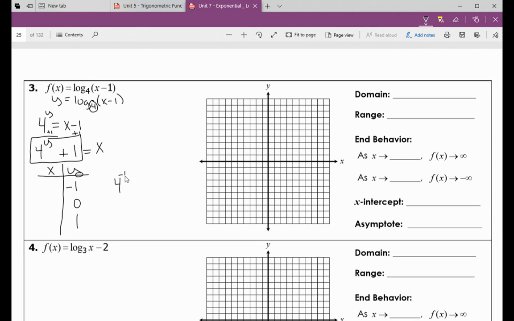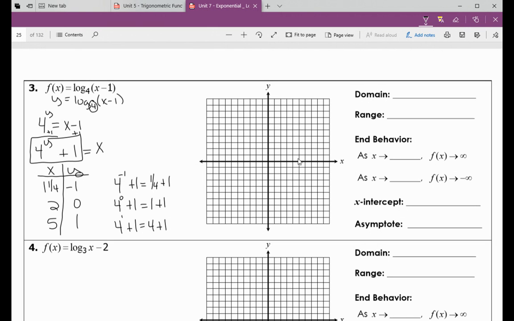So 4 to the -1 power plus 1 equals 1/4 plus 1, which is 1 1/4. 4 to the 0 power plus 1. Anything to the 0 power is 1. So 1 plus 1 is 2. And then I have 4 to the first power plus 1, which is 4 plus 1, which is 5. So I'm going to plot all these points.